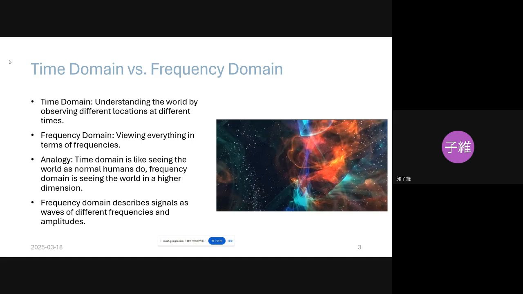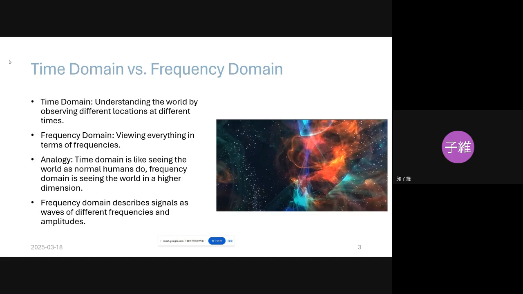Even sound, while we can't see it, follows the same principle. At any given moment, a sound exists as a form of vibration of energy at a specific location, such as our eardrums. That's why we can hear things.